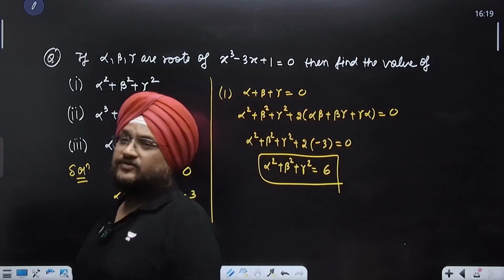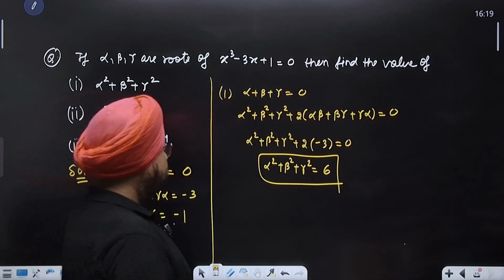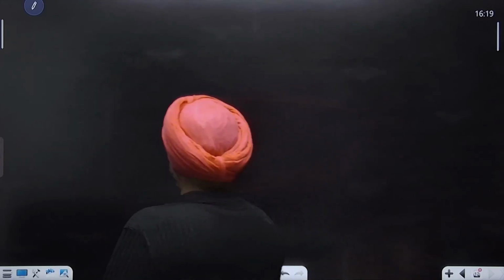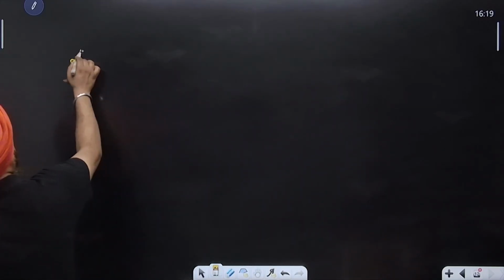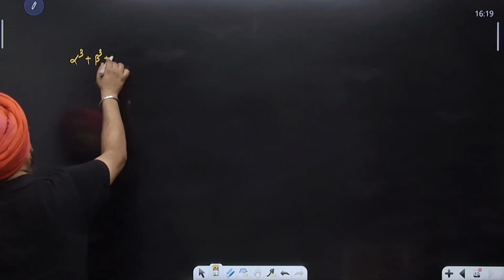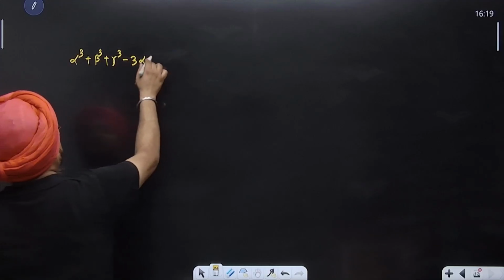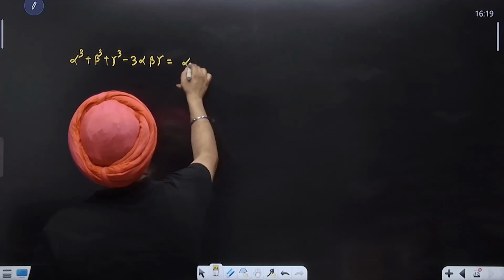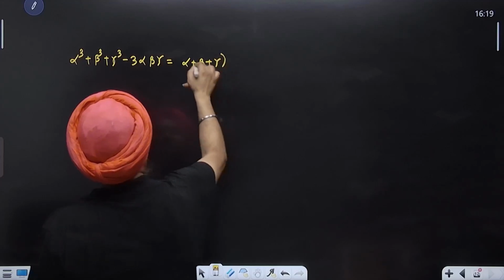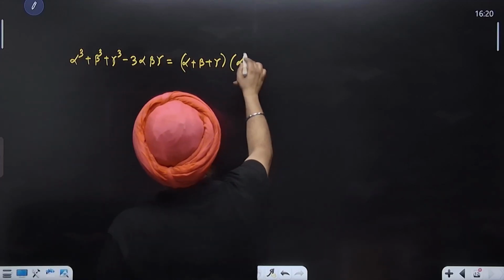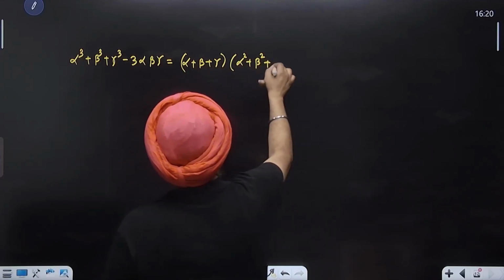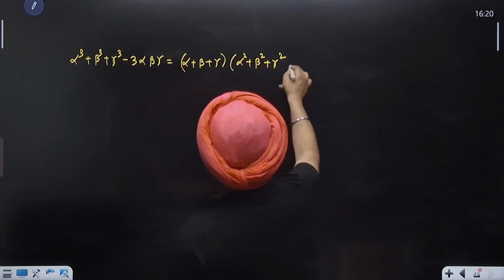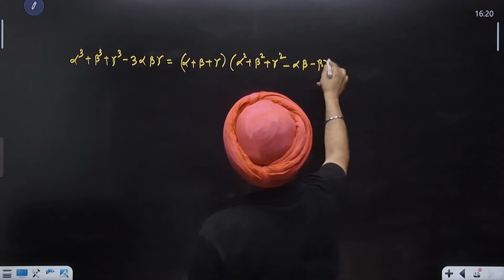Now for the sum of cubes of roots, alpha cube plus beta cube plus gamma cube minus 3 alpha beta gamma. A cube plus b cube plus c cube minus 3abc is (a plus b plus c) into (alpha square plus beta square plus gamma square minus alpha beta minus beta gamma minus gamma alpha).